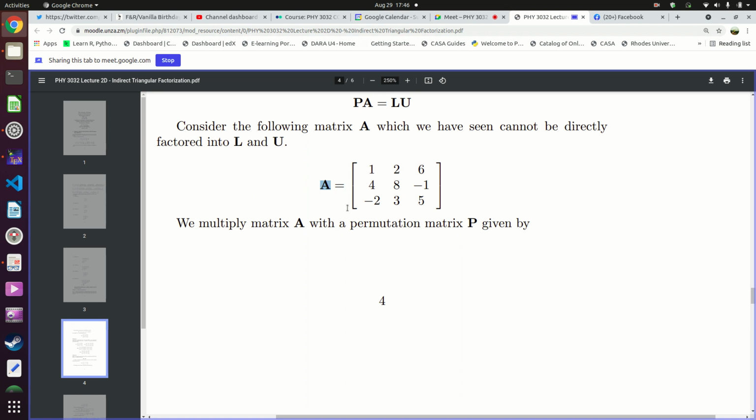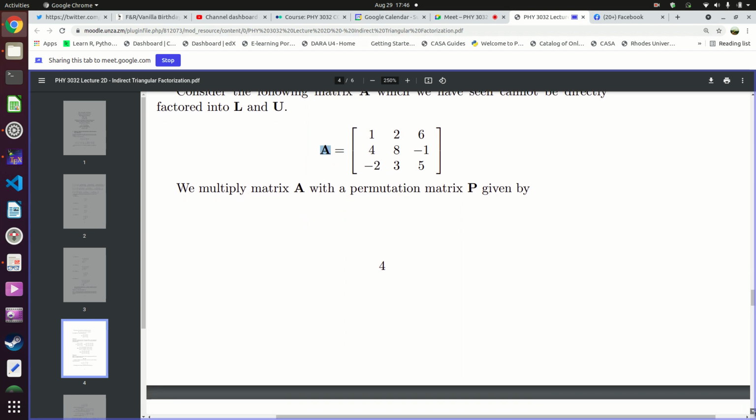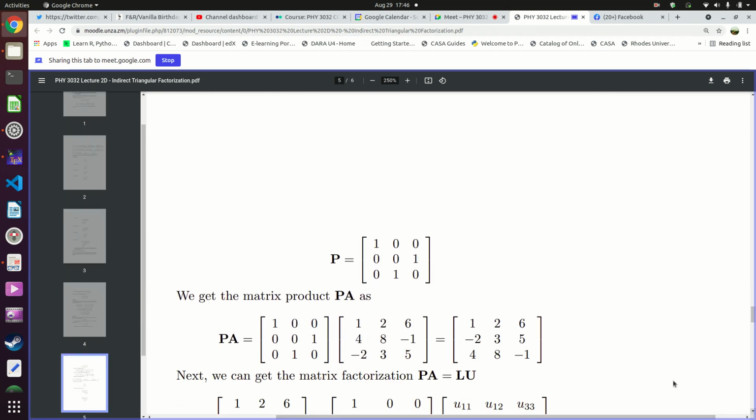So if I multiply this same matrix with a permutation matrix of, for example, this particular fashion here, where it's not a good permutation matrix, but it shows what kind of power these things have. The first row, I just leave the way it is.